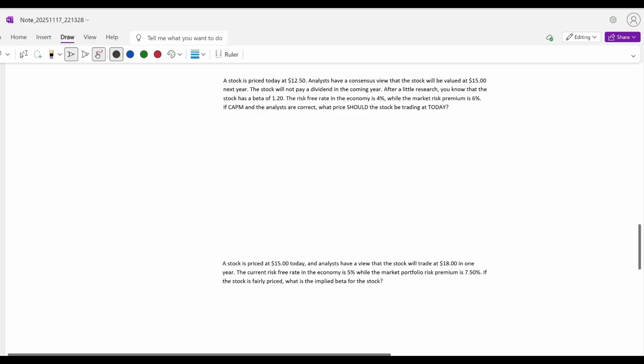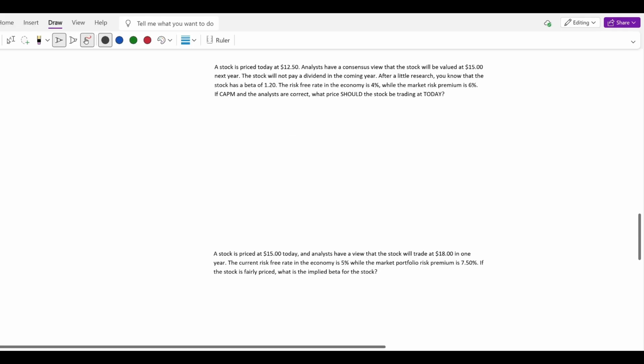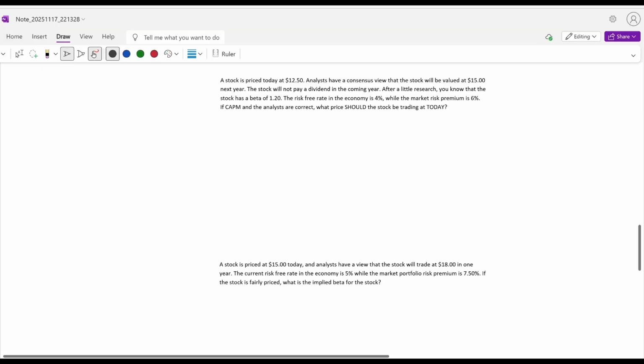Jumping into the solution and how you should think about this problem. For a stock to be in equilibrium, the actual return expected by investors should equal the investment's required return found in the CAPM formula. So what is our expected return?